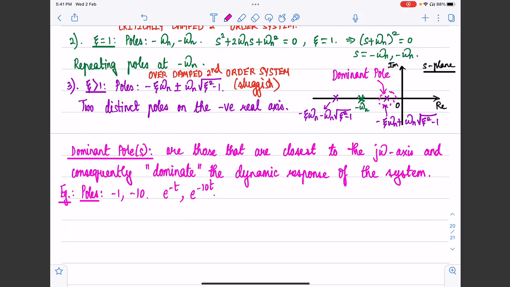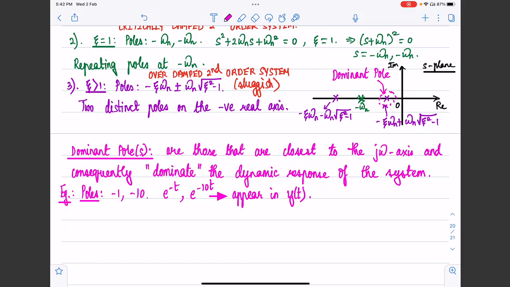So e power minus 10t and e power minus t will appear in the output function y of t. If you look at e power minus t and e power minus 10t, both of them would go to 0 as t tends to infinity. There is no doubt about it. But which will go to 0 faster, e power minus t or e power minus 10t?